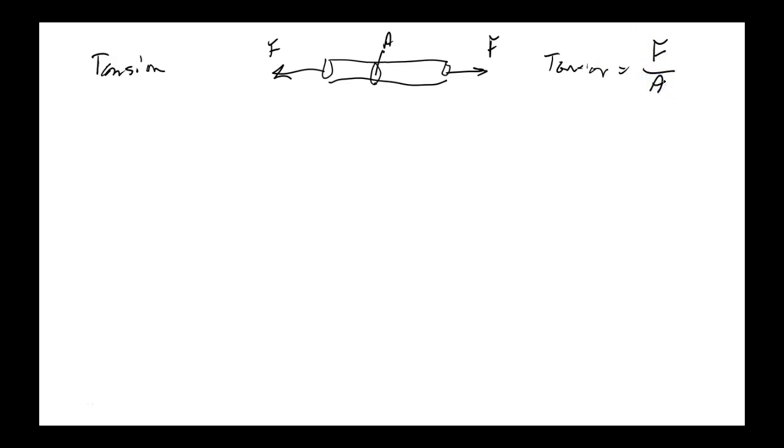Force per unit area. Typically measured in the U.S. customary, force is measured in pounds per, usually, square foot. But it could be square inches, like PSI, pounds per square inch. It could be any other length measurement, but usually between square feet and square inches.